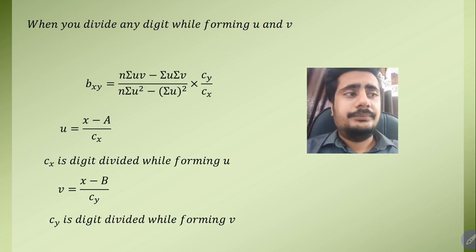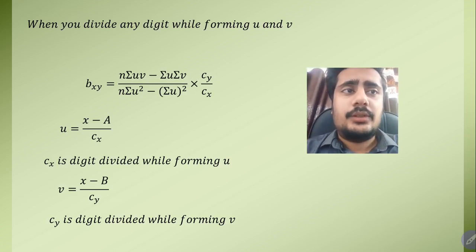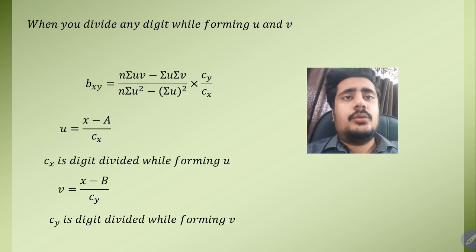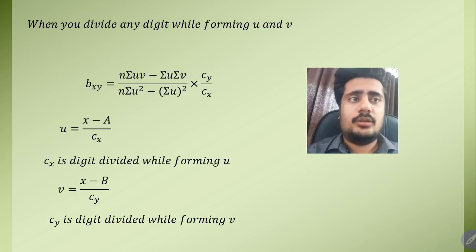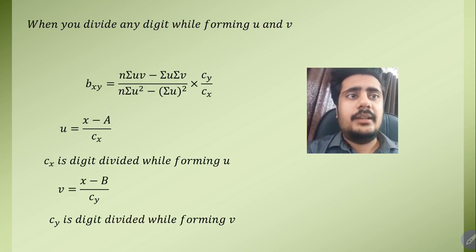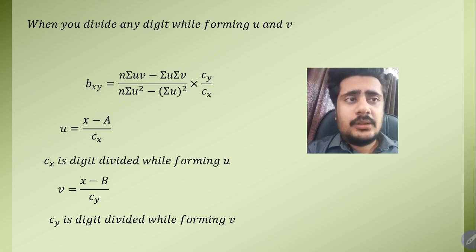In that formula, what was our objective? Our objective was to convert x and y into u and v. Why so? Because our objective was to reduce the digits given in the question.